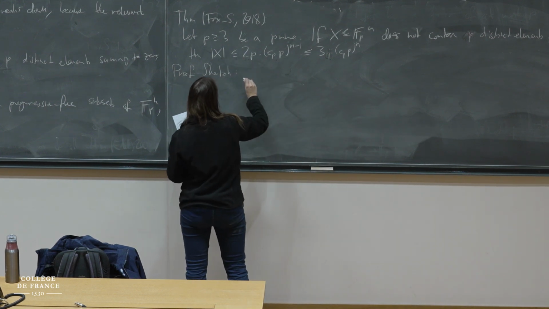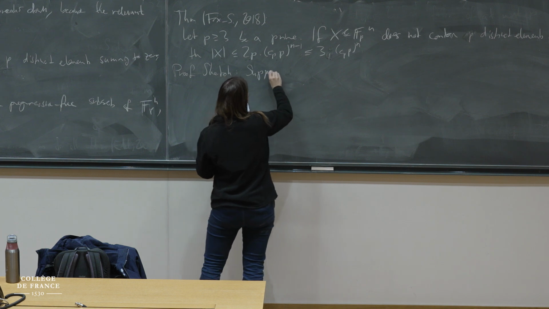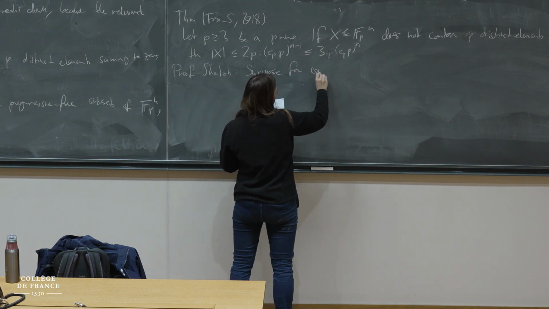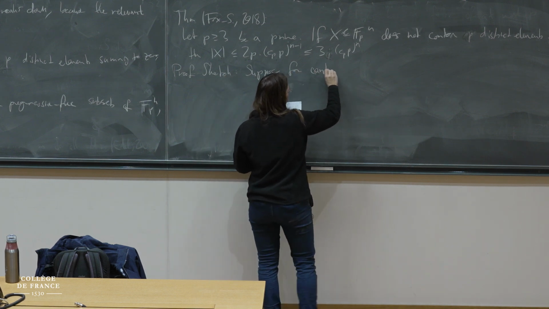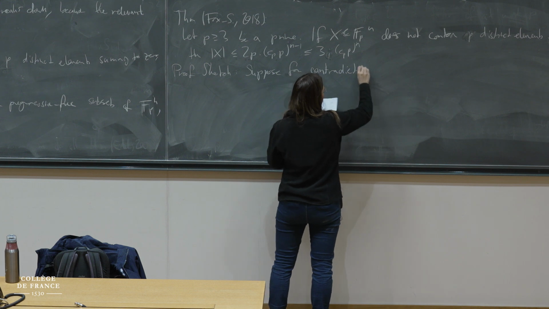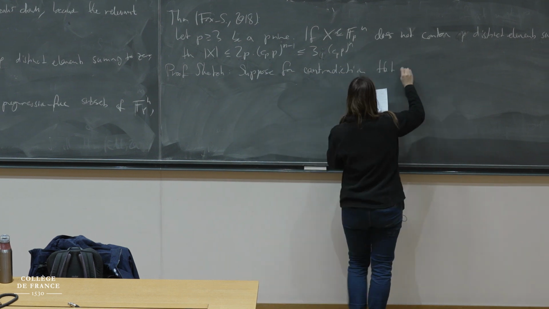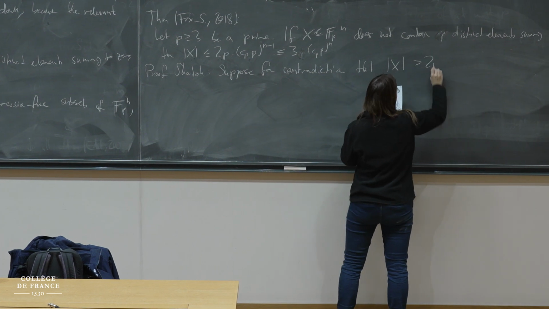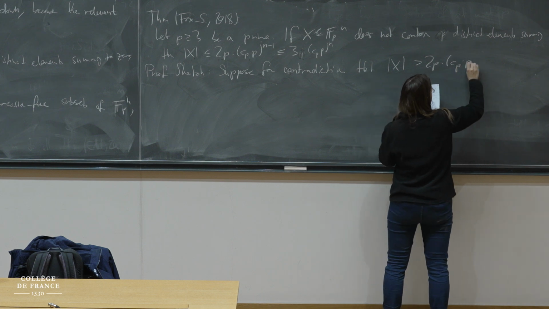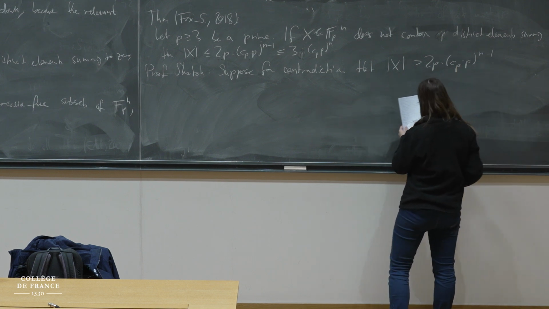So suppose for contradiction that X is larger than 2p times C_p times p to the n minus 1.